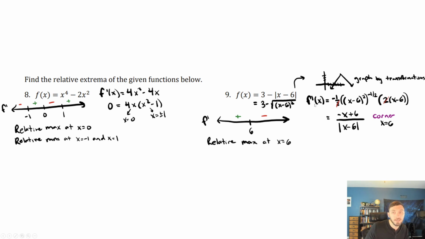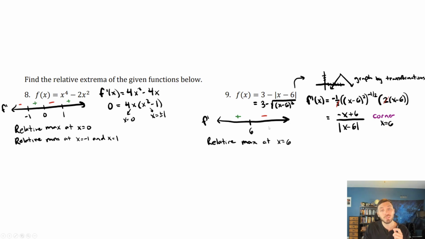Looking at 9, we have that non-differentiability at 6, right? That's when we switch negative to positive. That's where we got that little v. So I just know 6 is the value. And ultimately, I'm just plugging in any number like 0, to the left of 6, and then to the right of 6, 10, whatever, comes out to a negative number.